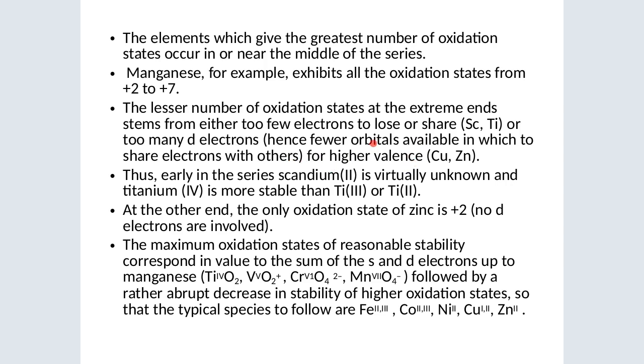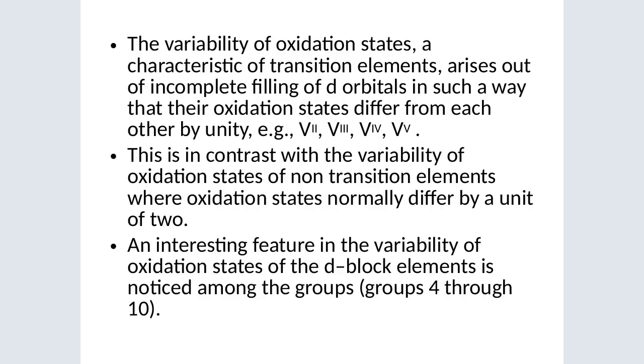So this explains why, unlike the s and the p block elements, where the higher oxidation states would become more and more stable as you increase the atomic size, here you realize it goes up to around manganese, and then the higher oxidation states begin to reduce as you go to higher atomic number elements. So this is what is explained here.